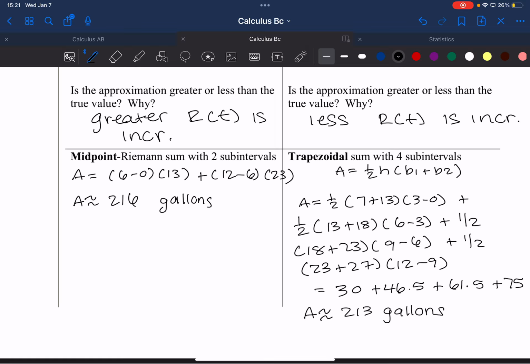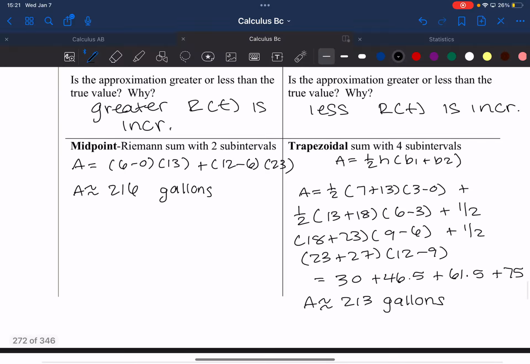Why didn't they ask us the same questions they did in the first 2 about the approximation being greater or less than the true value? Not quite. What do these need to determine if they're over or under?